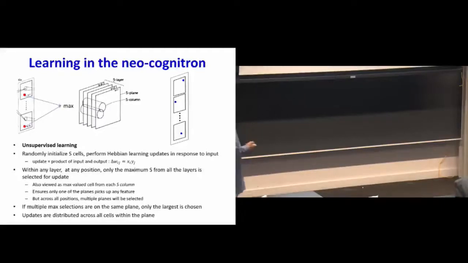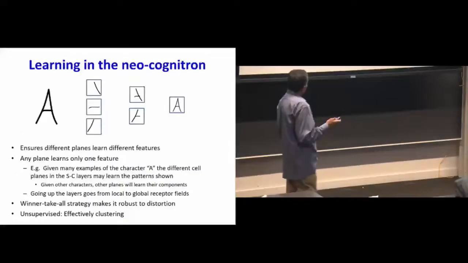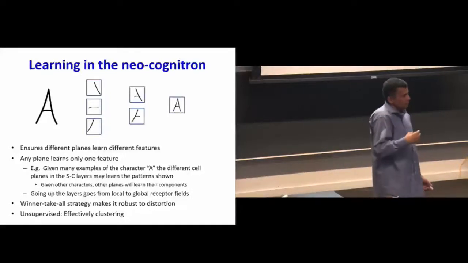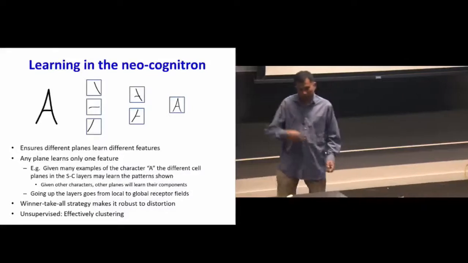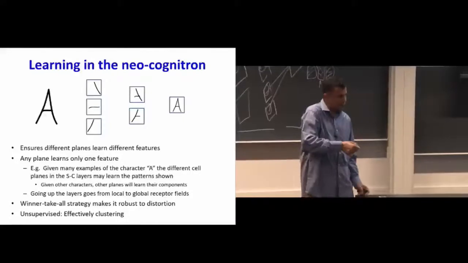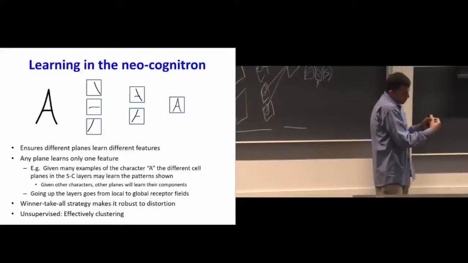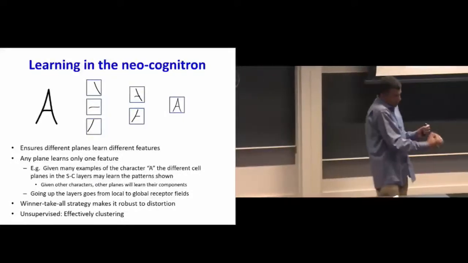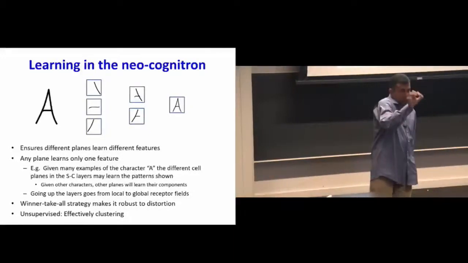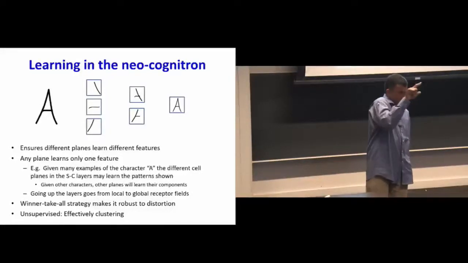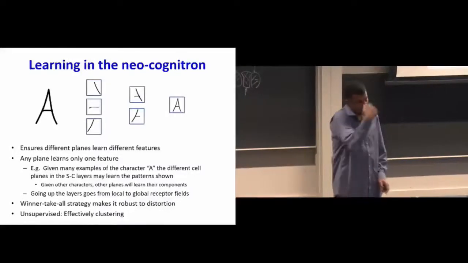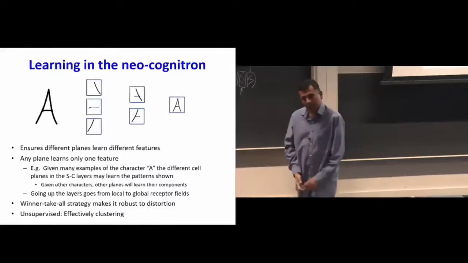We don't really need to get into the details, but the point was using this very simple mechanism of unsupervised learning, where he would initialize them randomly, then provide some inputs, and then within each S plane, for any value in the input, he would see which one fired most, and then update the corresponding weight using Hebbian learning. But once you update the weight of one cell in a specific group, you'd update the weights of all of the other cells in exactly the same manner, because within each group, all of the cells are supposed to have the same response.